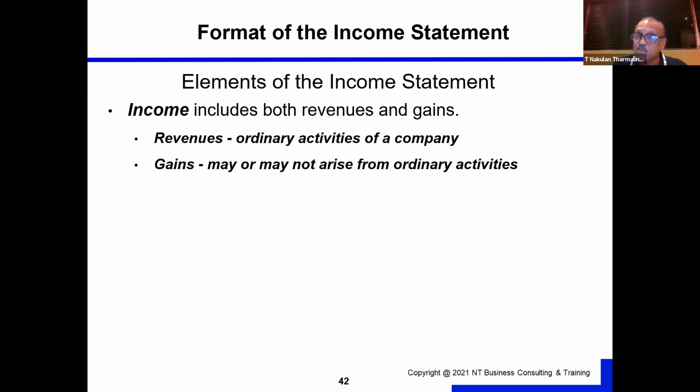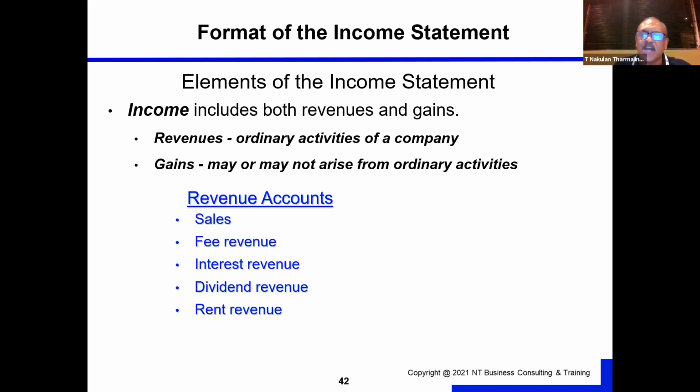I'm talking about business property, yeah? Not your personal property, your business property, and that becomes a gain. It is also recorded as an income, but it is not from ordinary activities, because your normal activities is to charge clients with fees for legal advice. So what are the different types of revenue?